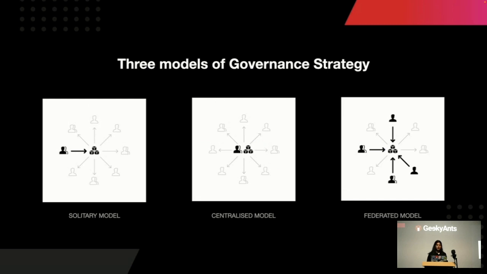And the federated, where several people from several teams govern and are in charge of the system. I'm not sure what Coca-Cola follows, but they have different brands under the Coca-Cola company, so there might be a mix of federated or centralized model in there.